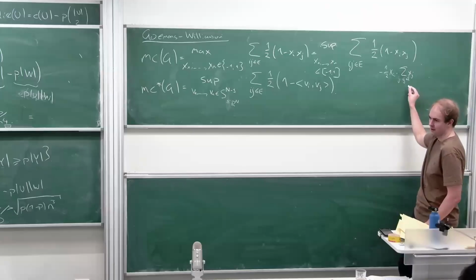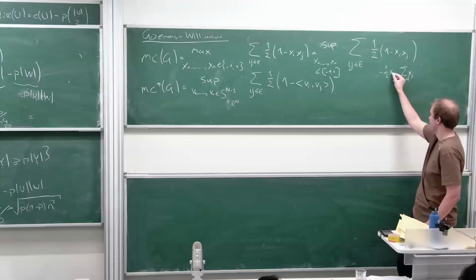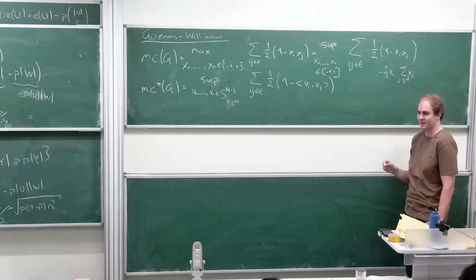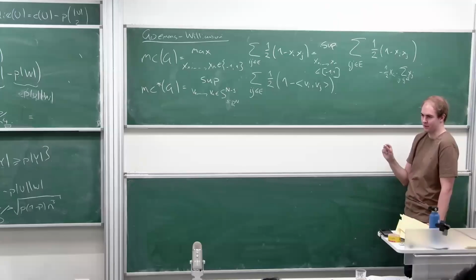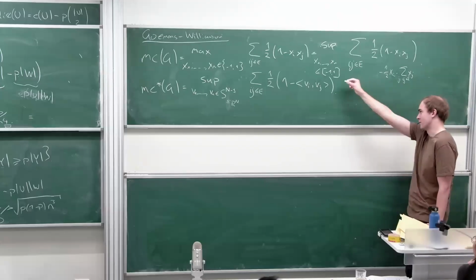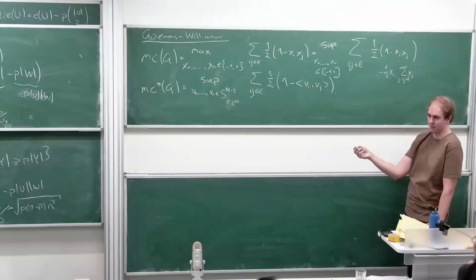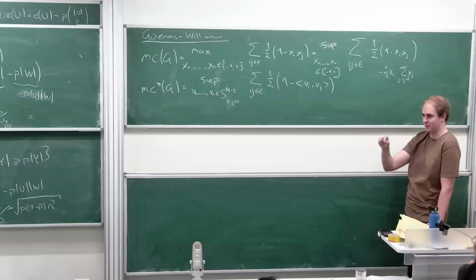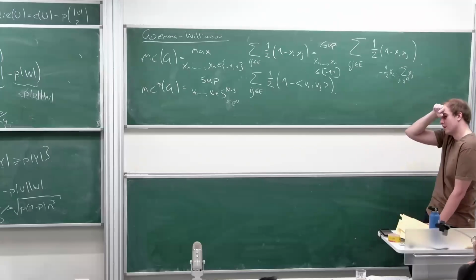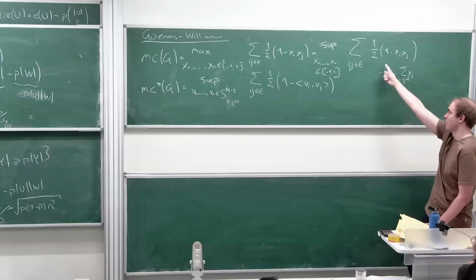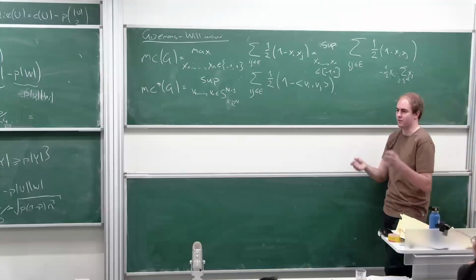If it's non-zero, then the sign of this already determines whether we should pick x_i to be -1 or 1 to maximize this function while keeping the others fixed. If it's 0, then we can choose the value of x_i however we want. In particular, we can choose it to be one of the endpoints. That corresponds to the case where it doesn't matter which side it is, because there's an equal number of neighbors on both sides. So we are free to assign it. So basically, the extreme over here has to be attained at the endpoint, so it's the same optimization problem.